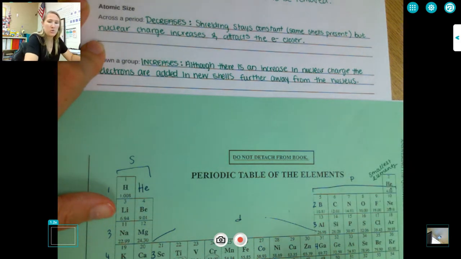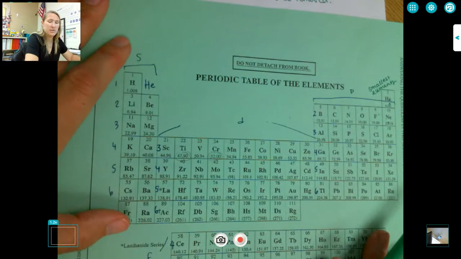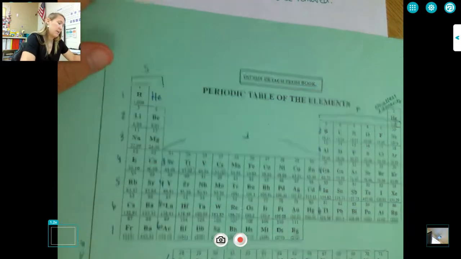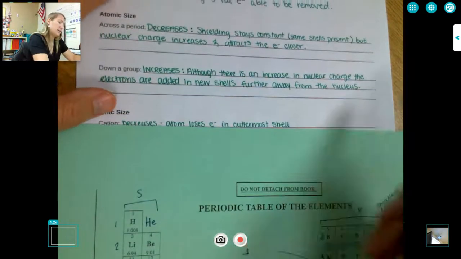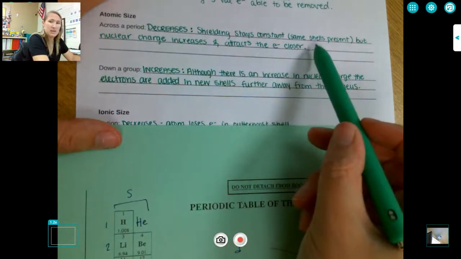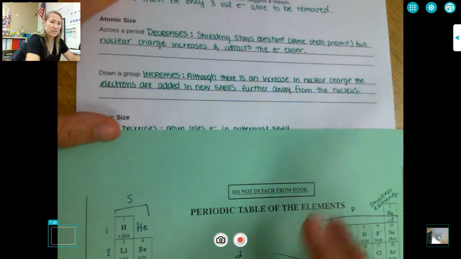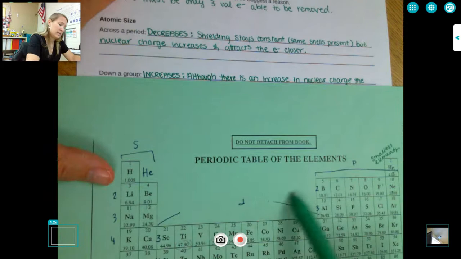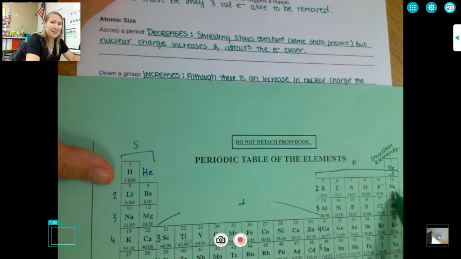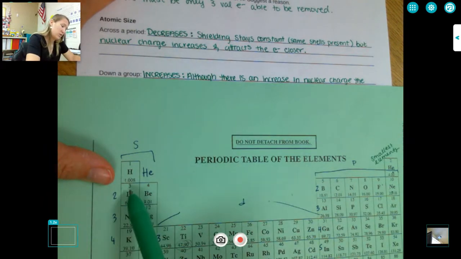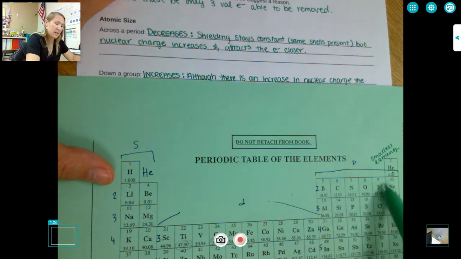And we also know that down over here, in this part of the periodic table, there's some of our biggest elements. Now, as we go across, our shielding stays constant because the same number of shells are present, right? There are 2 shells present in my entire second row. However, the nuclear charge increases 3, 4, 5, 6, 7, 8, 9, 10.